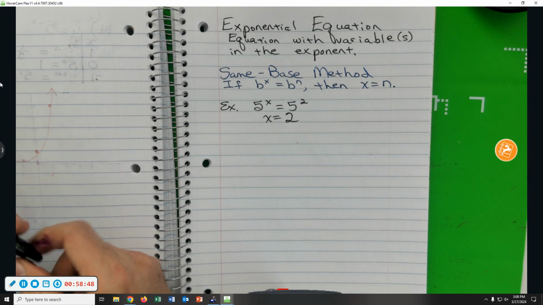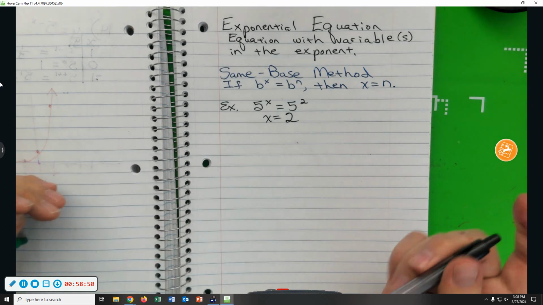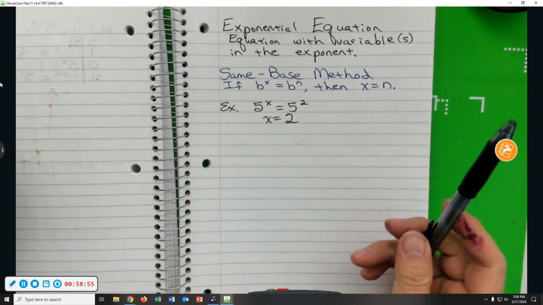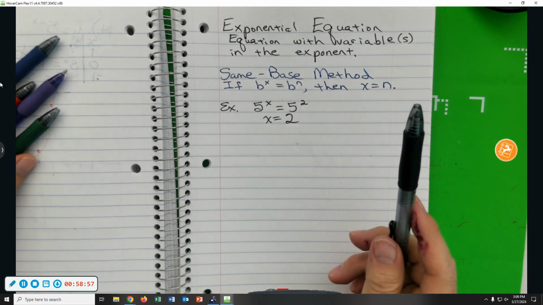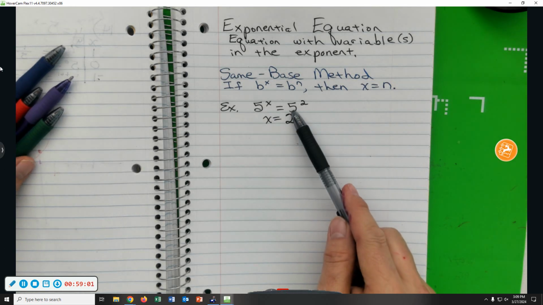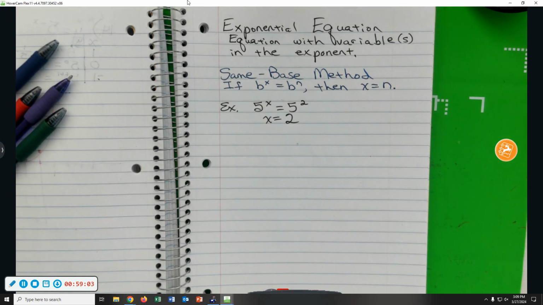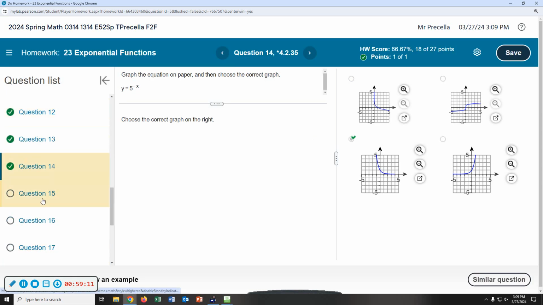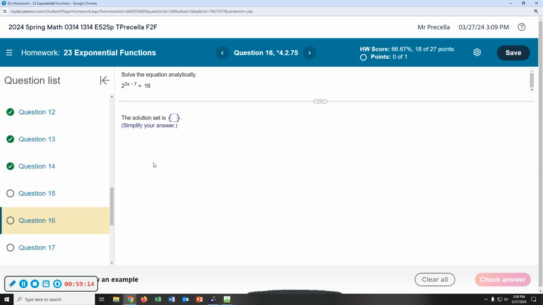The problem is that they're not going to be giving you problems like this where the same base already appears and you can just drop it, okay? You're going to have to use what you know about exponents to get the same base on both sides. To illustrate this, we'll do number 16 and then we'll go back to number 15.